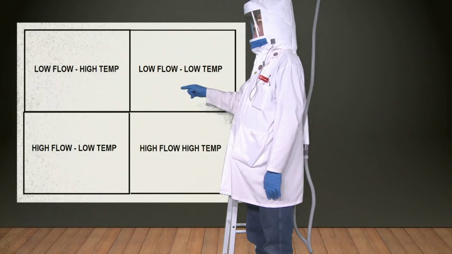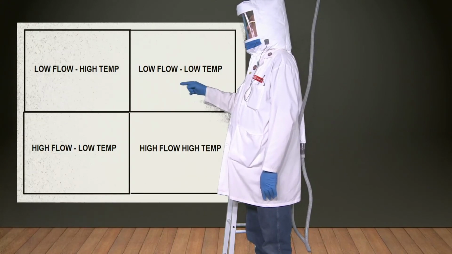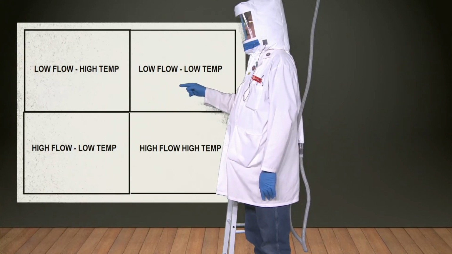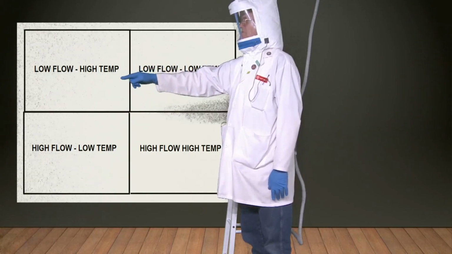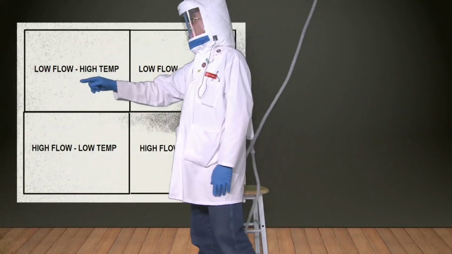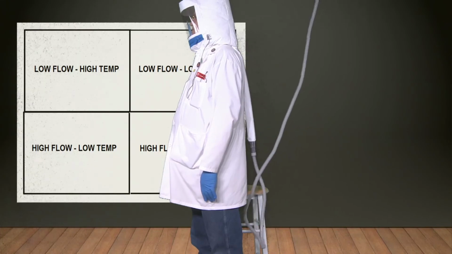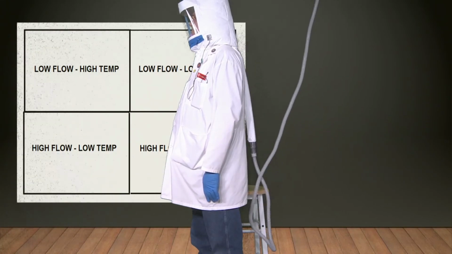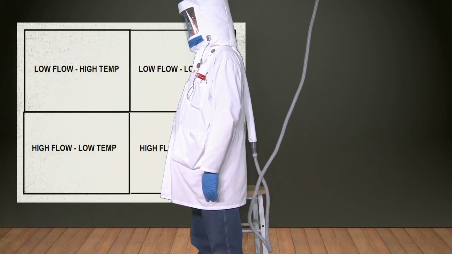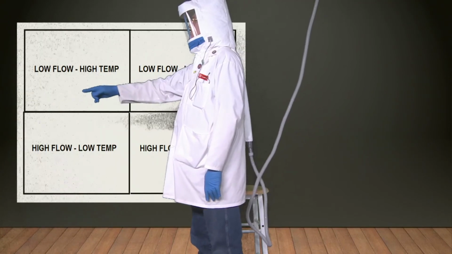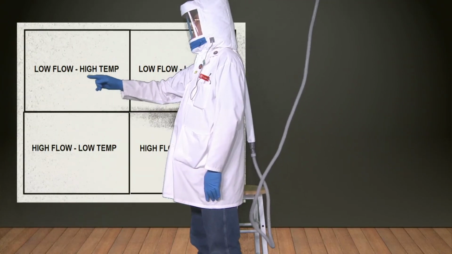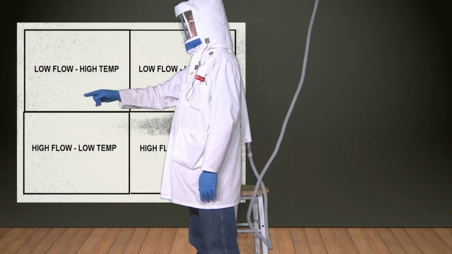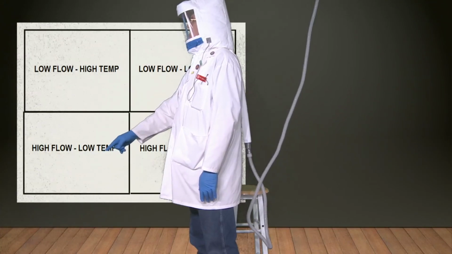Now, when we went to low flow, high temp, what number did we get? They were pretty much identical to the high flow, low temp, around 30K, 31 and 29. Okay, so low flow, high temp equaled high flow, low temp?